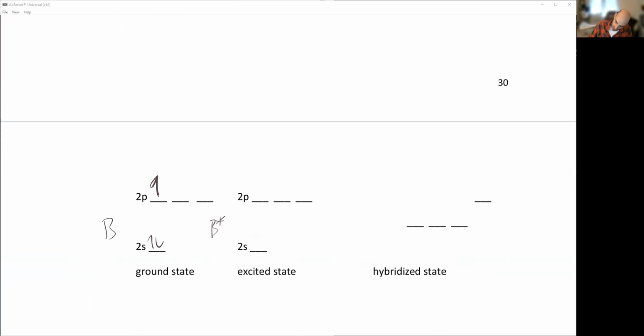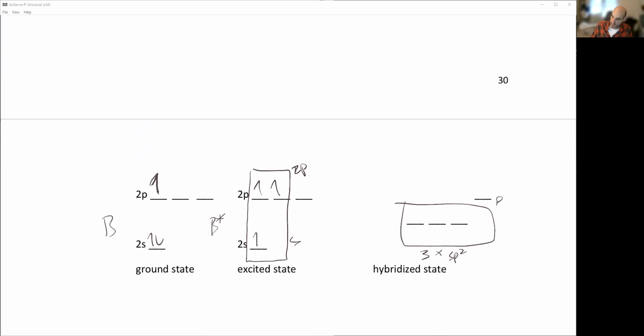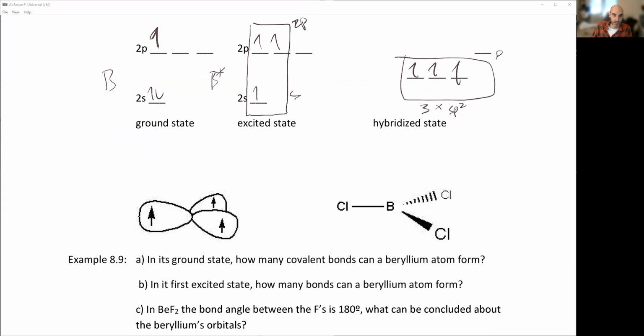Boron in its excited state. And then we're going to hybridize it. Now I only want to hybridize the ones I want to form bonds with. So those right here, by combining those, I'm combining 1s and 2 p's to give me 3 sp2 hybridized orbitals. By the way, this p is still sitting out here. And we can form 3 bonds that look the exact same when we have hybridized orbitals.